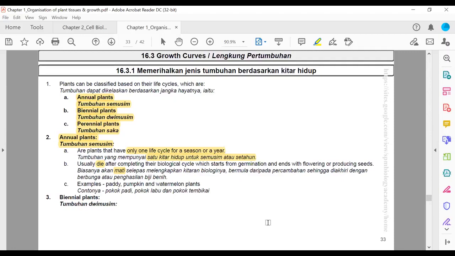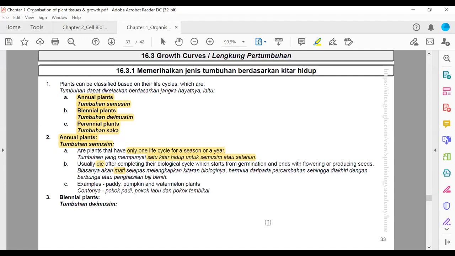They will germinate, they grow bigger, then at the end of the life cycle they produce flower. So after they produce flower, they produce fruit. Inside the fruit got seed. Then they die off. Later the fruit will fall down and the seed will germinate and the process continue.